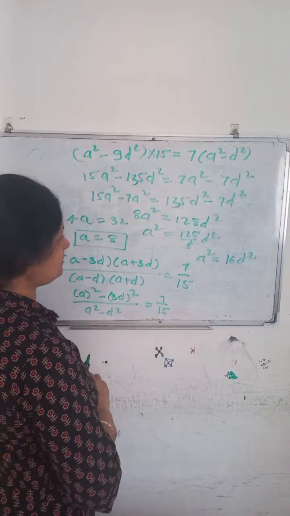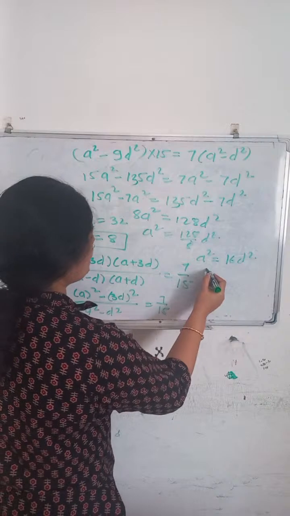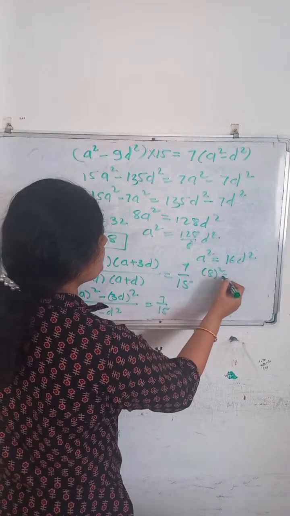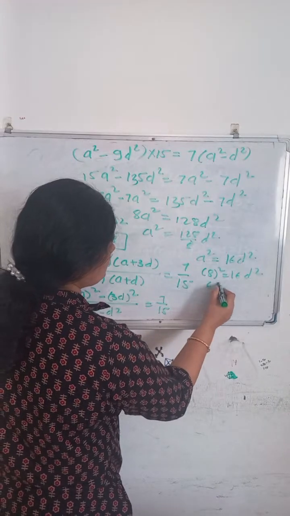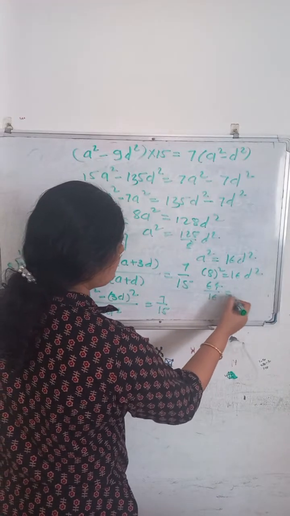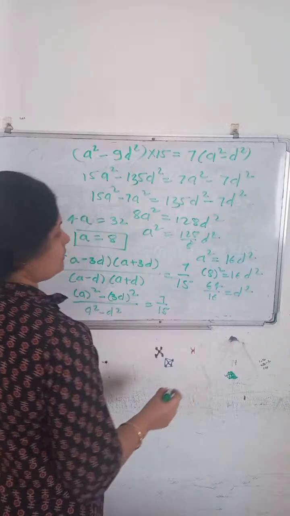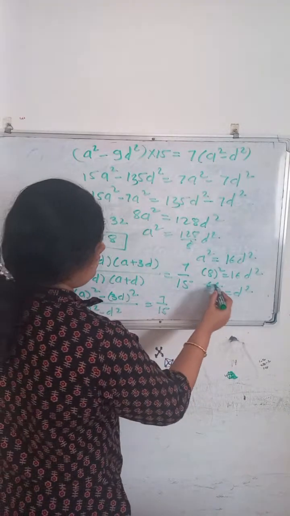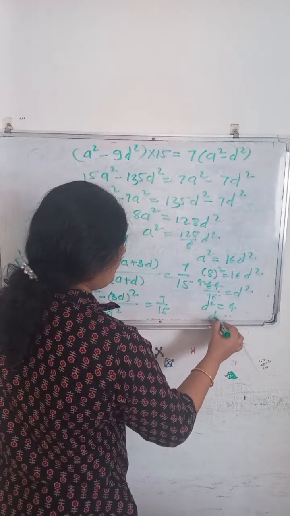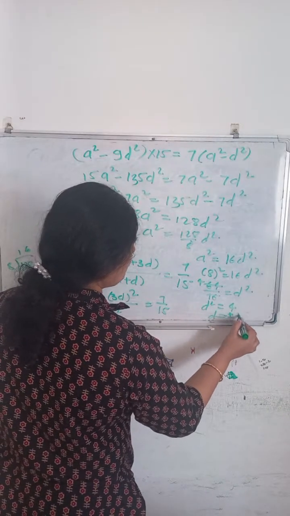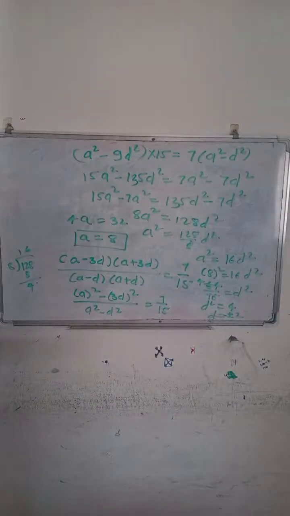A is 8, correct? So a is 8. 8 square is equal to 16 d square. 8 8s are 64 upon 16 is equal to d square. So here 4, so d square is equal to 4 and d is equal to what? Plus or minus 2. Okay, so this is the answer.